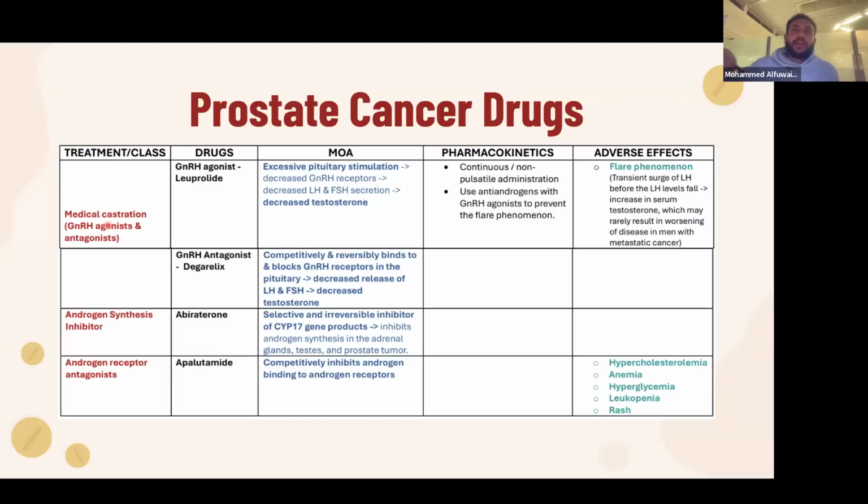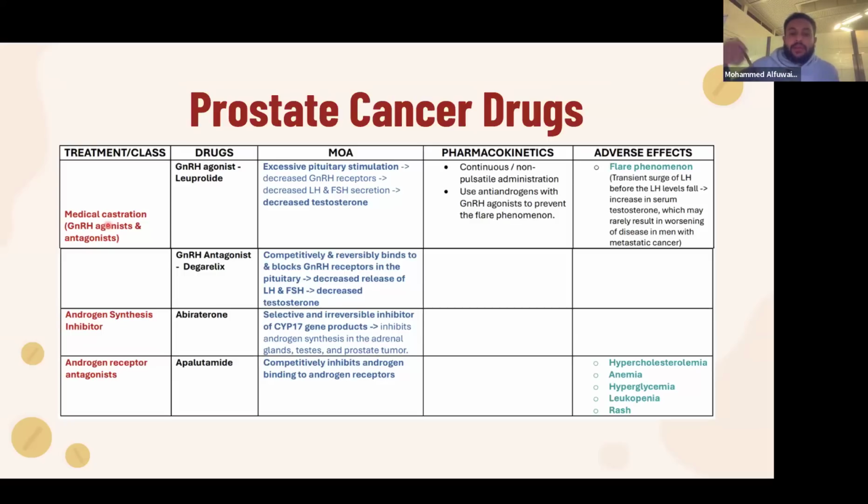Now, over time, remember in pharmacology, if you activate a receptor too much, what happens? Desensitization or downregulation of the receptor, because it's activating too much. So when you have that downregulation, will LH and FSH be secreted more or less?